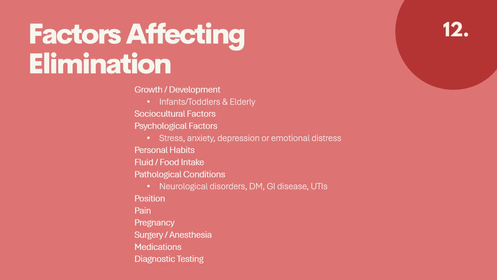And then medications. If somebody is constipated, are they on an opioid? Are they taking iron? Are they on an anticholinergic or a calcium supplement? If they're having diarrhea, well, were they on an antibiotic? Certain antibiotics can increase their risk of C. diff. Certain magnesium supplements and metformin.